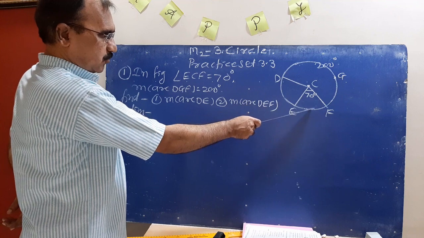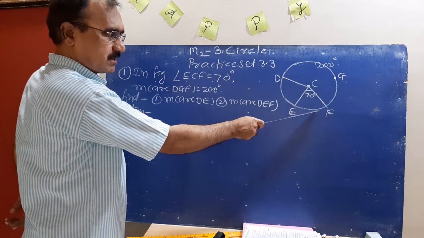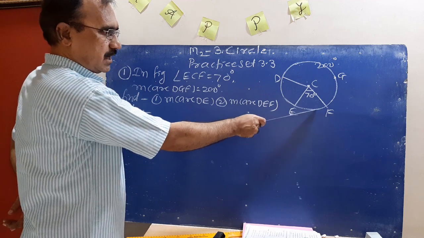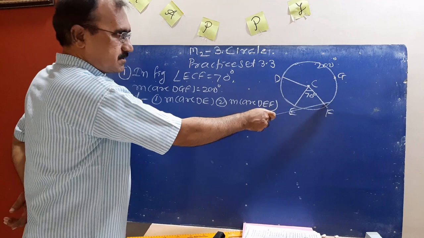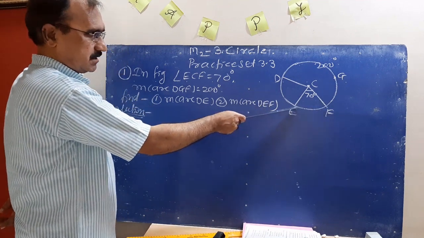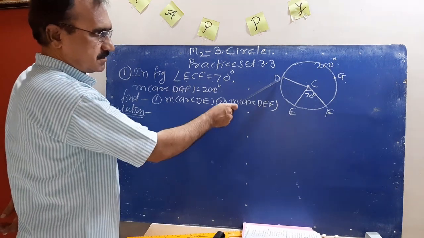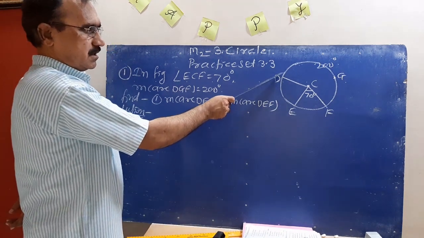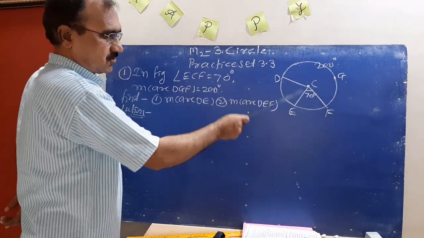By the central angle property, if the measure of the central angle is 70, the corresponding arc has the same measure, so arc EF is also 70 degrees. Then the measure of this arc is 200 and the measure of this arc is 70. We have to find measure arc DE, and this is the minor arc, and the measure of a minor arc is equal to 360 minus the measure of the major arc.